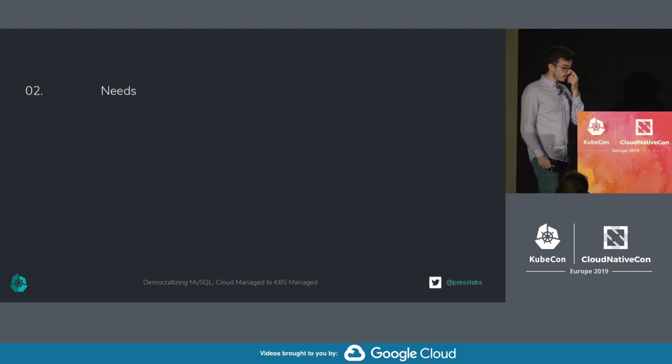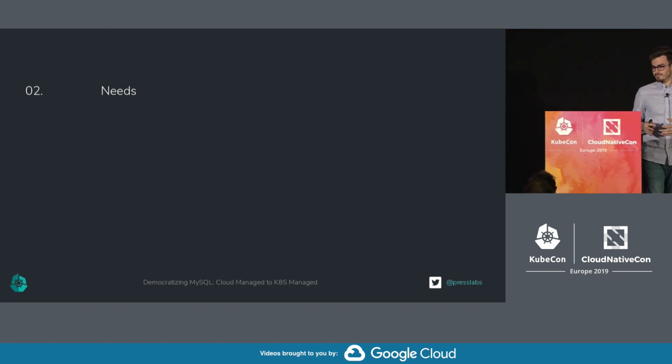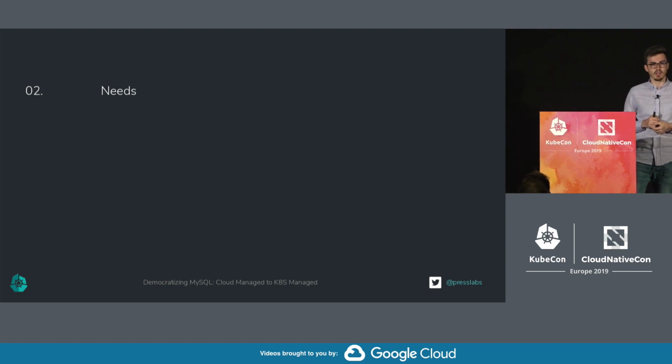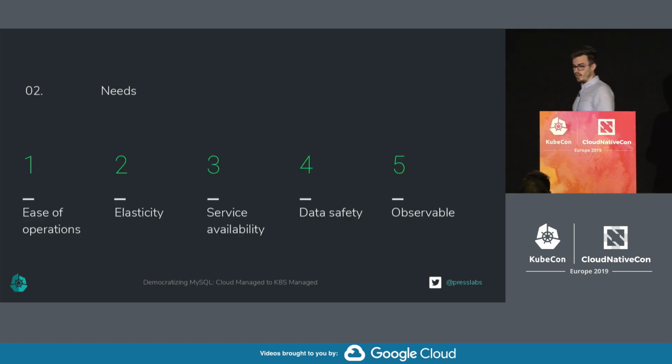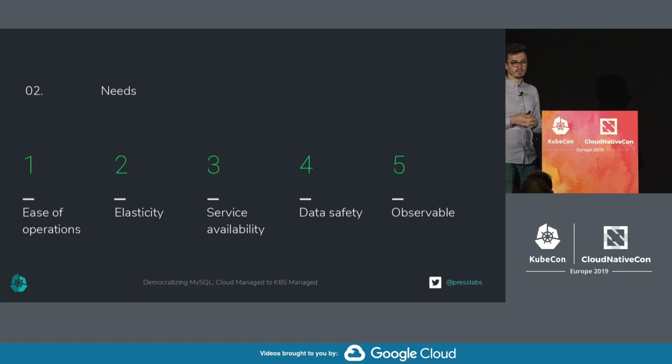So, as part of the stack, we needed a way to automate certain operations, such as deploying, scaling, maintaining, and backups for MySQL. For that, we've identified several key requirements to focus on.